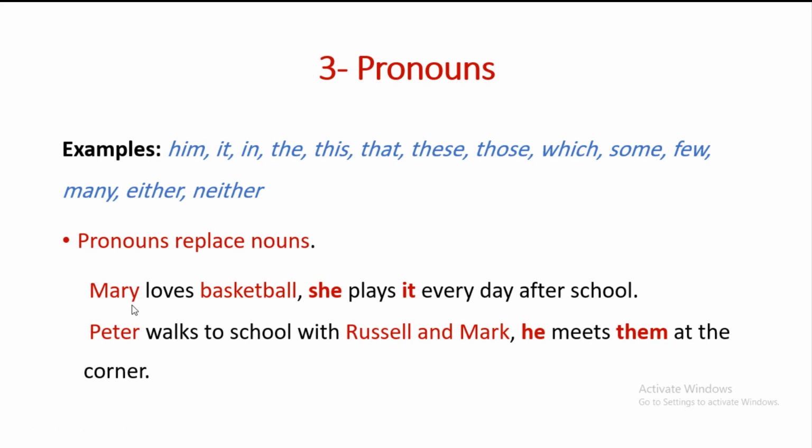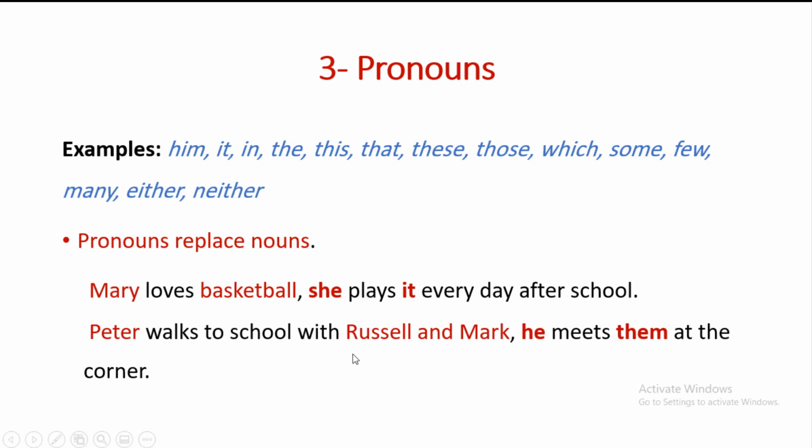So instead of saying Mary, Mary, Mary, the basketball, this actually sounds awkward. In English, we use nouns, and whenever we mention this noun again, we will use a pronoun to identify it. Okay?